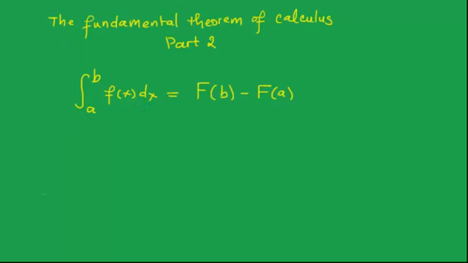This video is about the fundamental theorem of calculus part 2, and the condition is if little f is continuous on [a, b], then the definite integral from a to b of f of x dx is equal to capital F of b minus capital F of a.